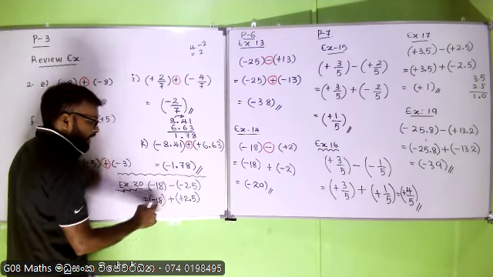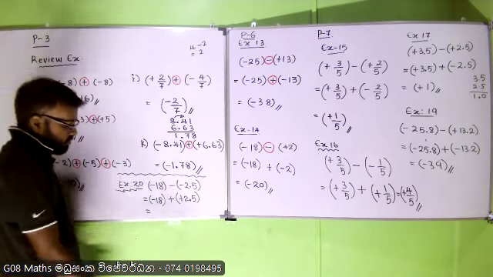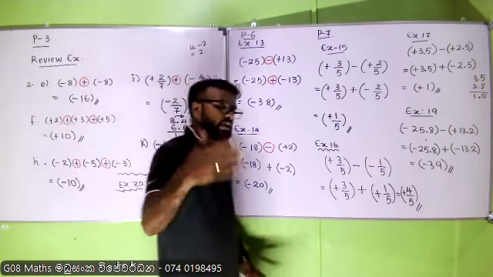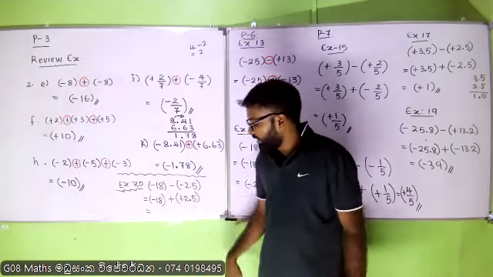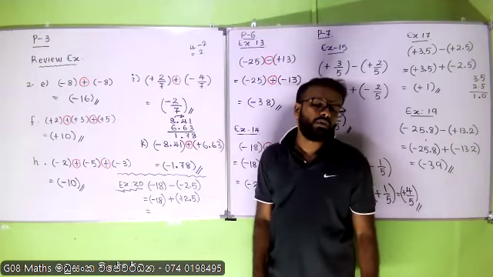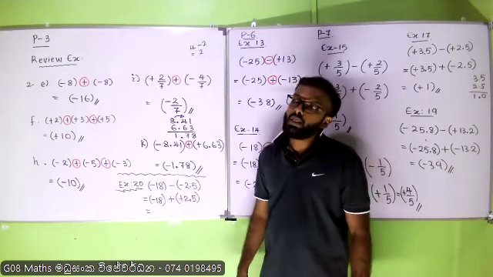Okay. Then, you know how to do the addition of two directed numbers. So check whether the numbers are same sign or different. Negative 18, positive 2.5. Different signs. Negative and positive.